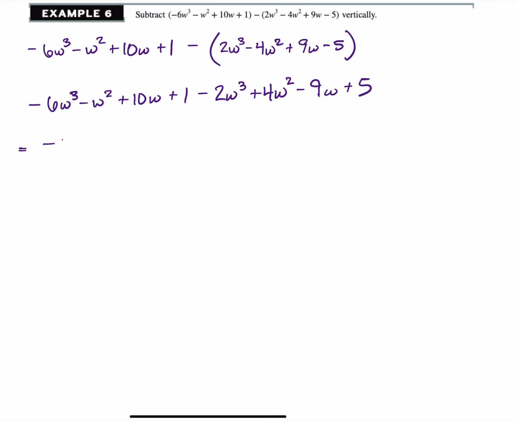So I can put the w cubes together, and I have minus w squared plus 4w squared, plus 10w to the first power minus 9w to the first power, plus 1 plus 5.